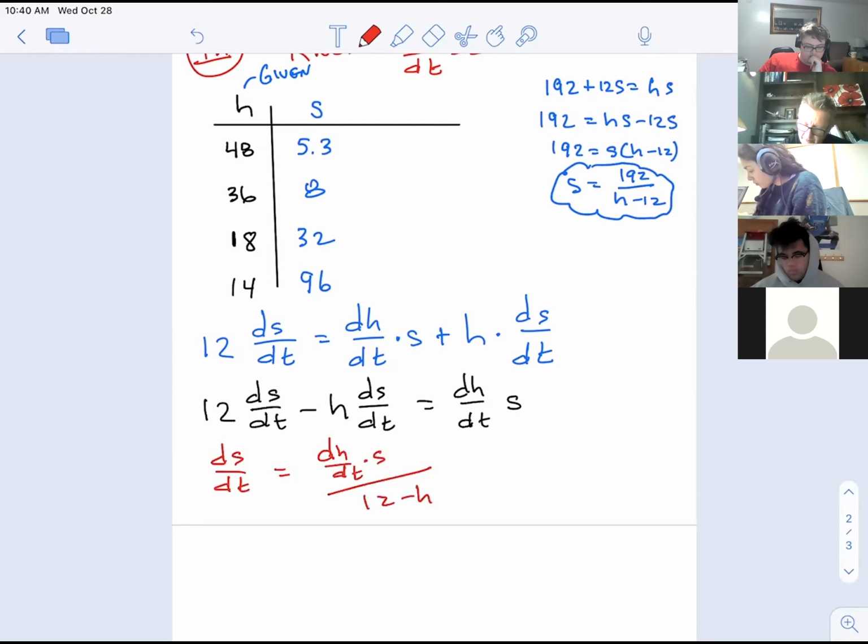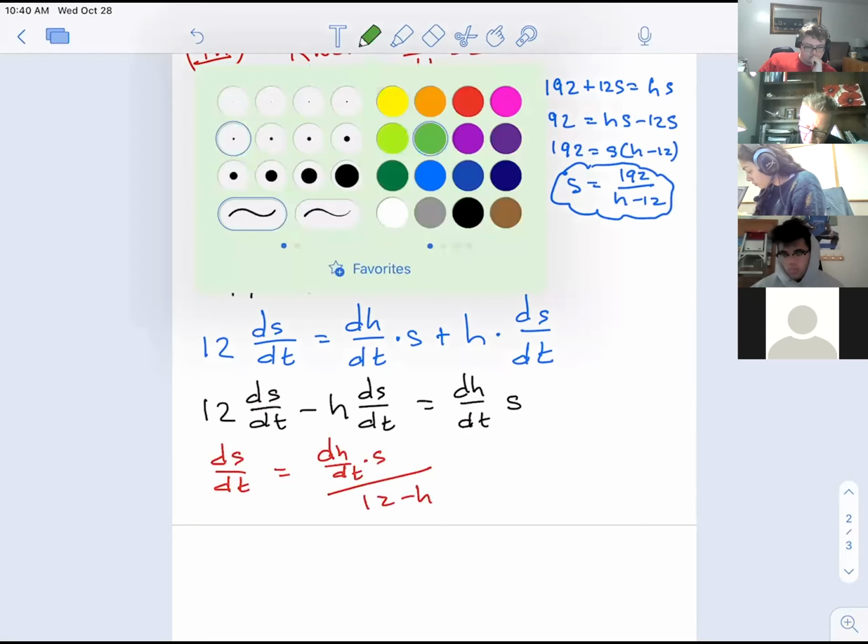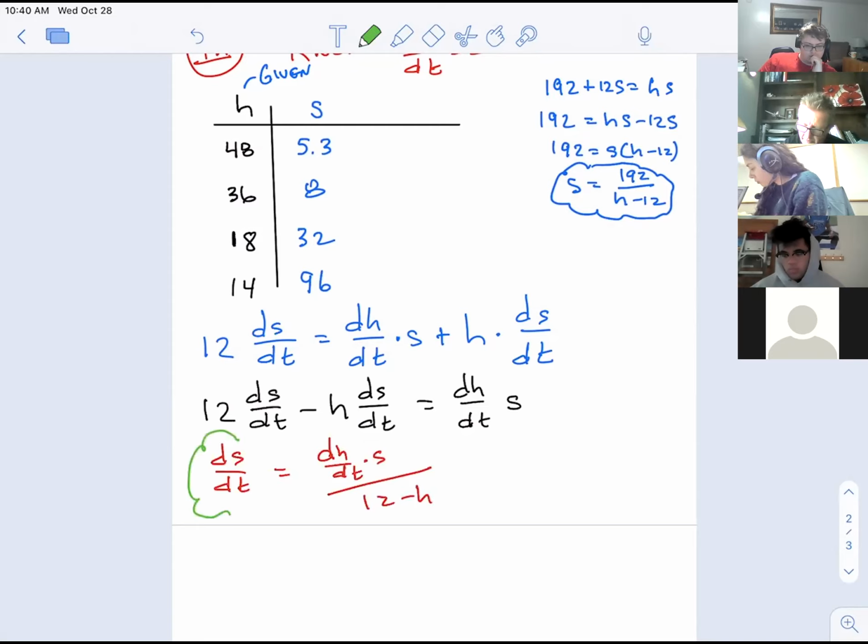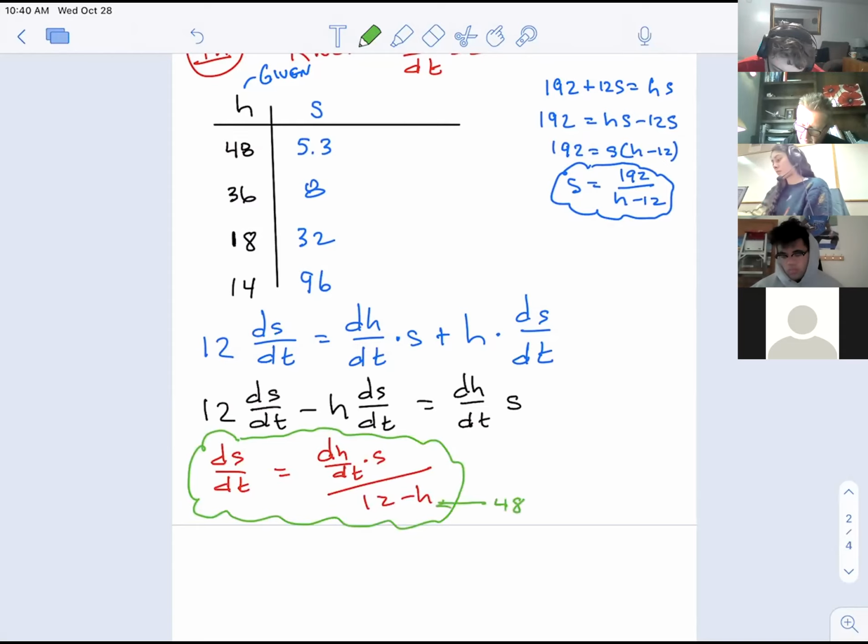So I'm going to plug my stuff into that instead, because I think that's a nicer equation. It's going to make my life a little easier. Remember, I have to do this 4 times, and now it's all solved for just once. So now I'm going to put in h is 48 and s is 5.3 and dh/dt is permanently 2. Okay, I might get my calculator out.